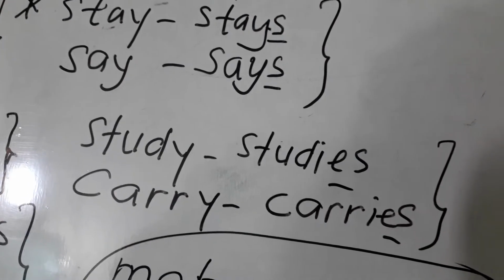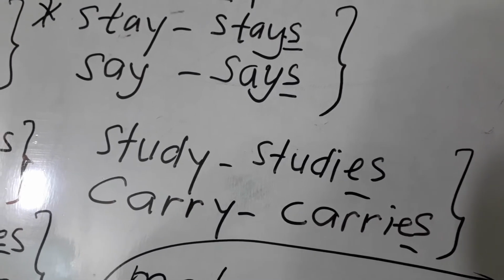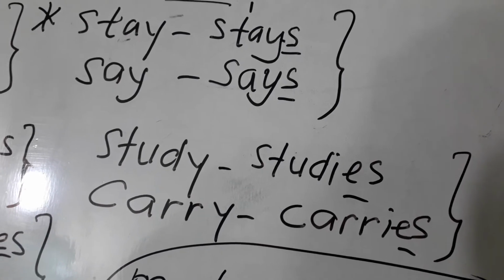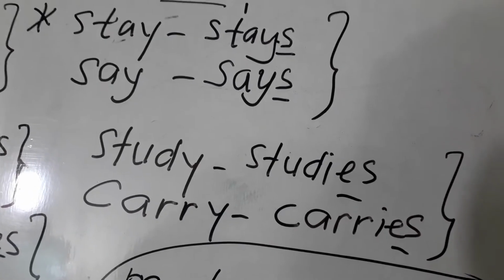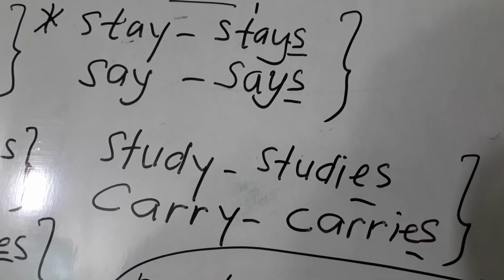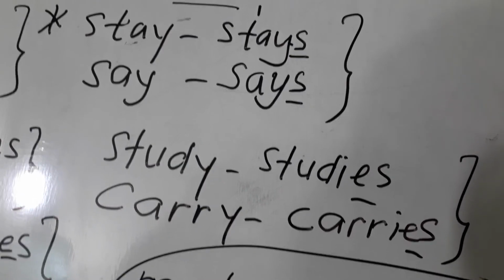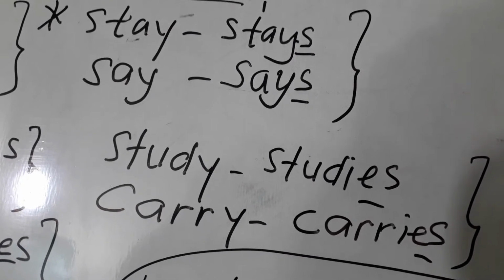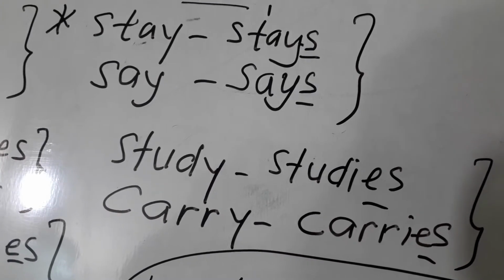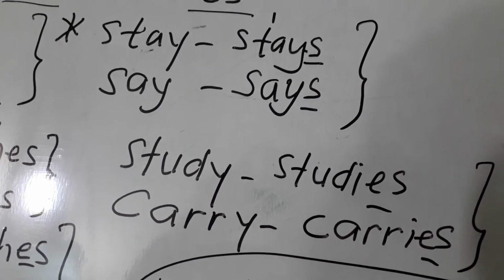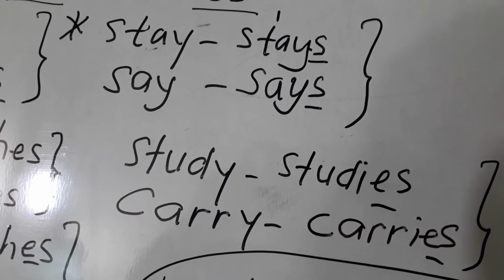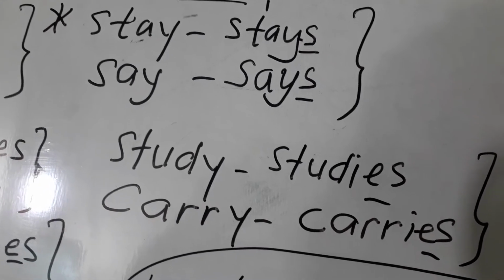Because y is a consonant, and it is preceded by a consonant. For consonant plus y, we use i plus es. I mean the letter y becomes i plus es.